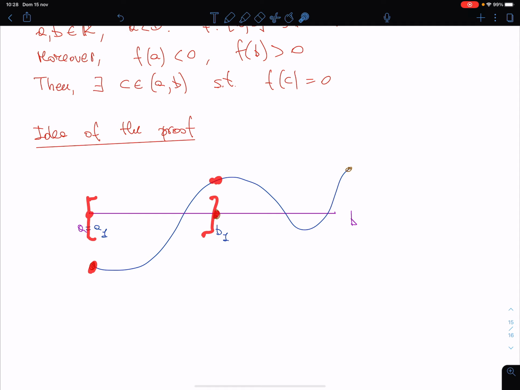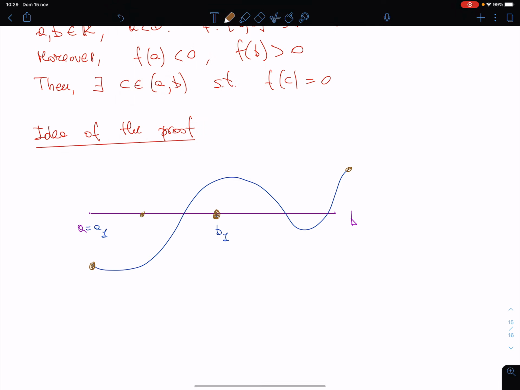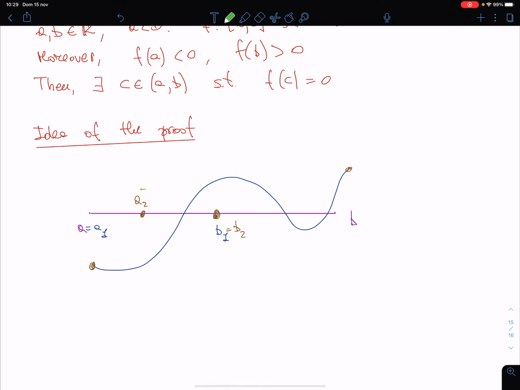You go to the middle point of this new interval, and then you check whether the function here is positive, 0 or negative, and what you find is that it is negative. So you change the name again: this point you call A2, and B1 now is called B2. This is just a matter of names. And now at this step you focus on what happens in the interval A2, B2.